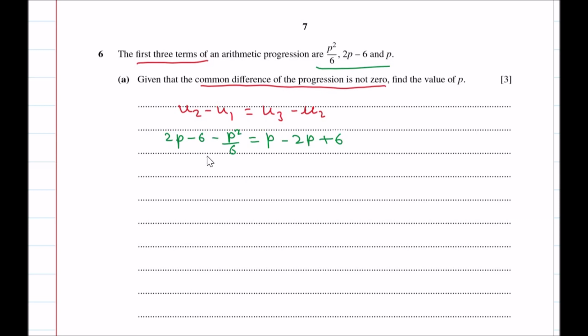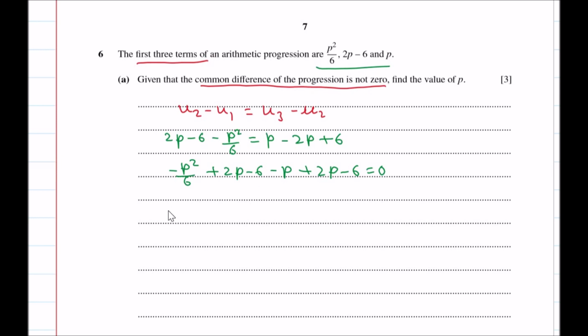So next what we can do, we'll write the highest power term first. So we get minus p square by 6, then plus 2p minus 6, then bring the other terms from the right side to the left side, so we get minus p plus 2p and minus 6 equal to 0.